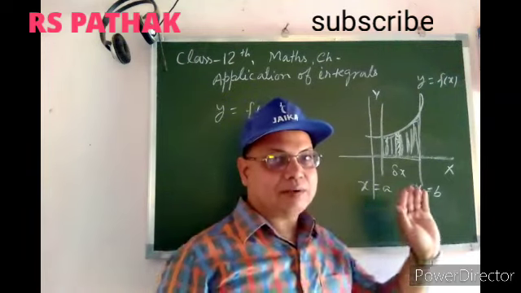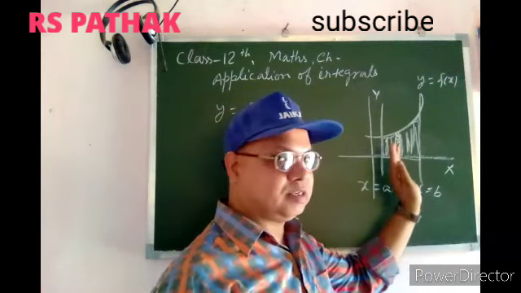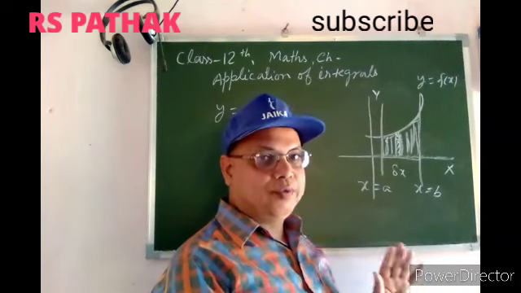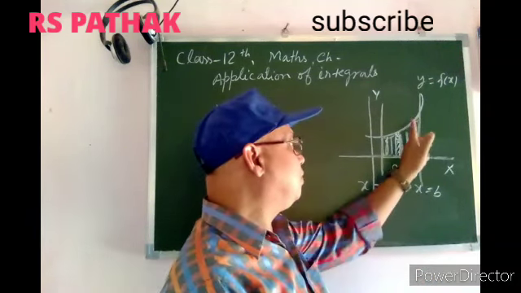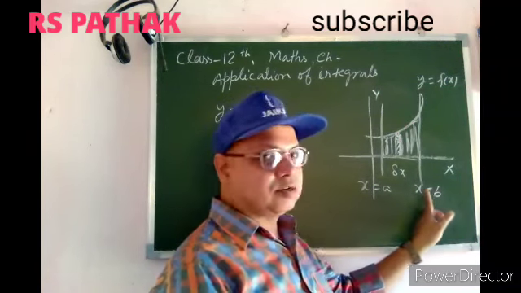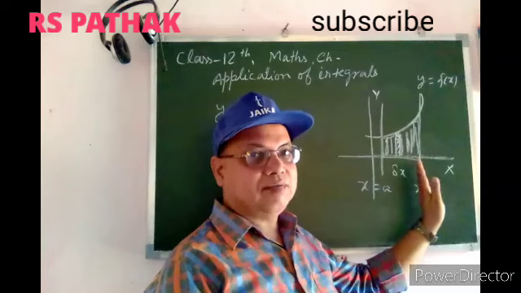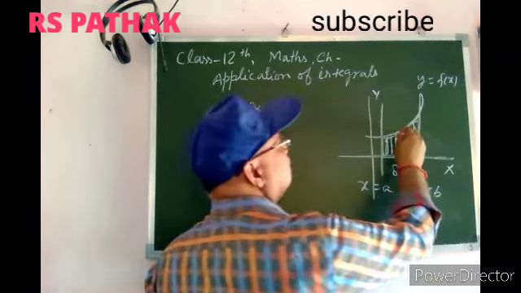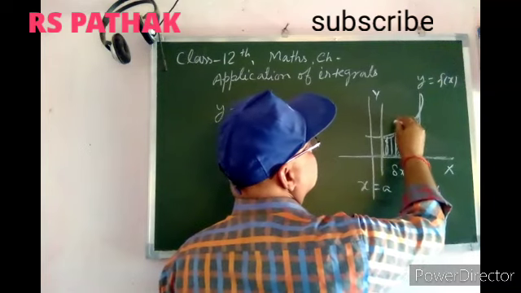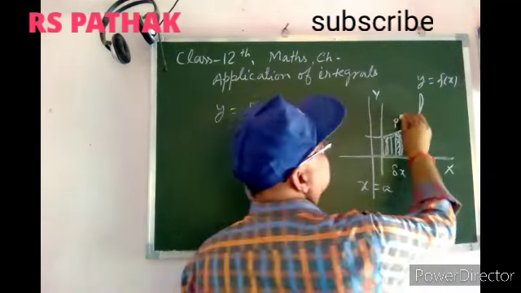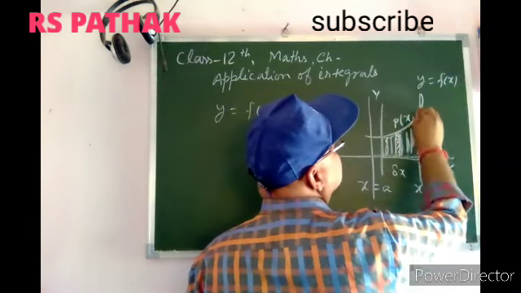First of all, I shall find the area of this strip, and after finding the area of this strip, we shall integrate the whole figure from the limit x equal to a to x equal to b. Then we can find the area of this whole figure. For this, let us suppose this strip is situated at the point P. The coordinates of the point are x and y.